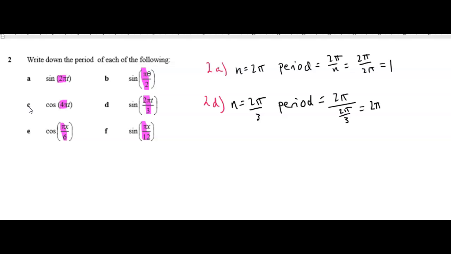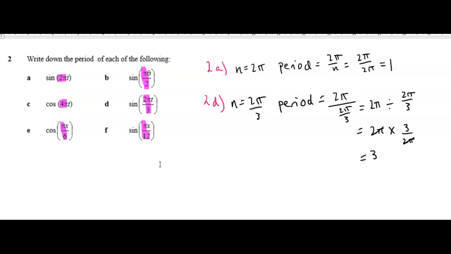So let's separate it. It's the same as 2 pi divided by 2 pi on 3. And when you're dividing a number by a fraction, just like we did before, we keep the first number, change your division sign to a times, and flip or take the reciprocal of the second one. Now your 2 pi's cancel out and we're left with 3. Okay, so you can do the same thing for the other ones.